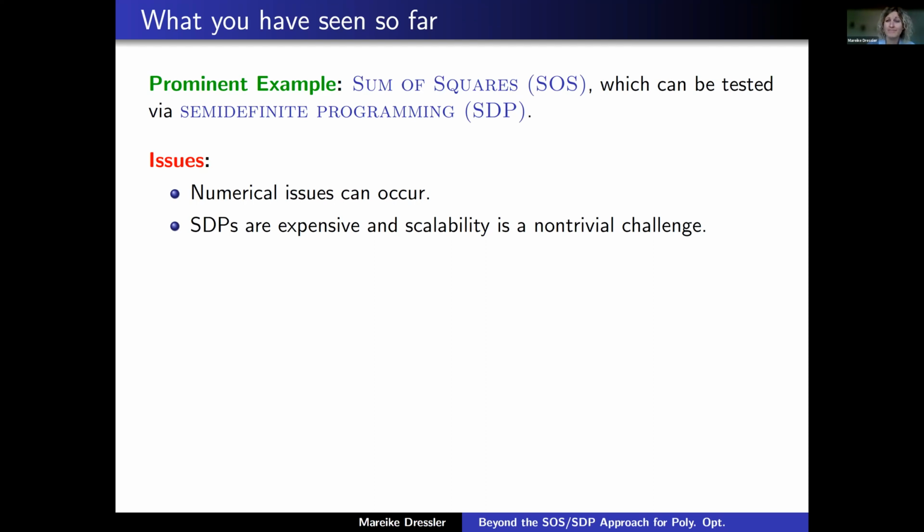First of all, numerical issues can occur. If, for instance, the set given by the constraints has a complicated shape, then numerical issues can occur, but well, that happens, right? But the most crucial issue here is that semi-definite programs are very, very expensive and scalability is a non-trivial challenge.